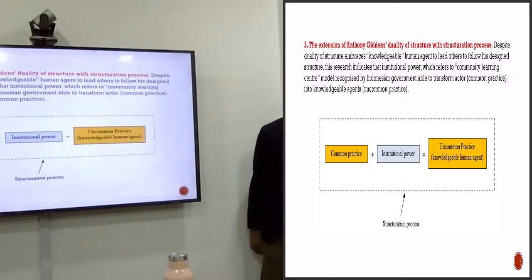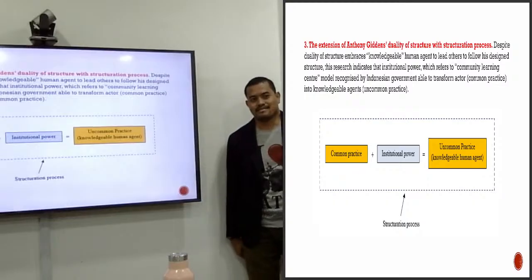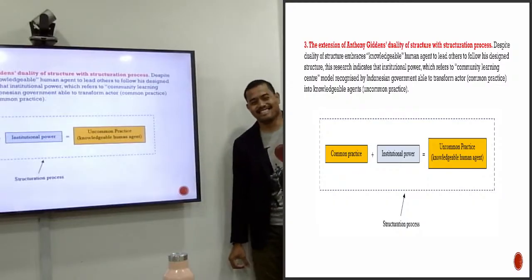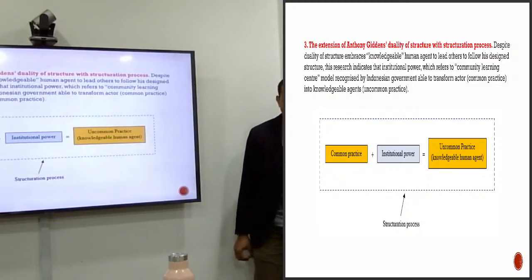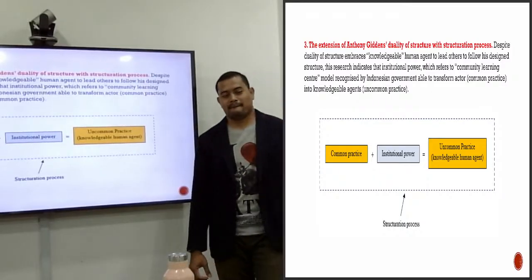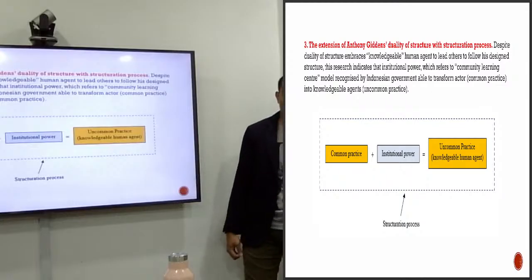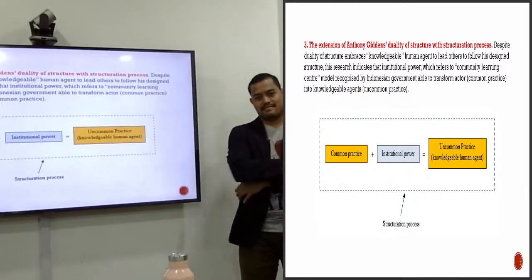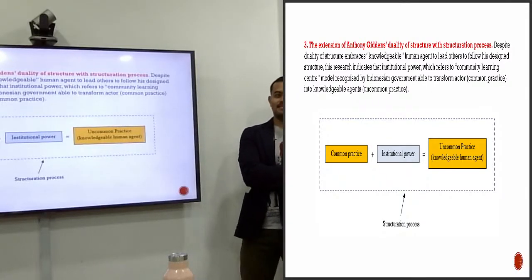But then my supervisor said, so what's the point? It doesn't say anything, because it's neo-Marxist. Why explain something that is there and doesn't change much? It's applicable to just about anything.